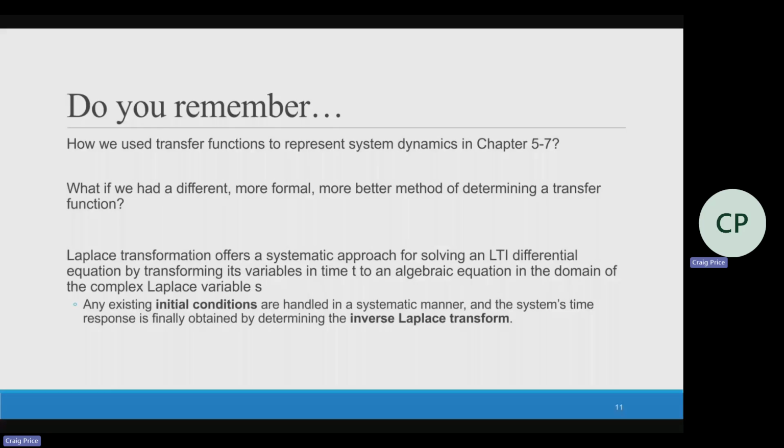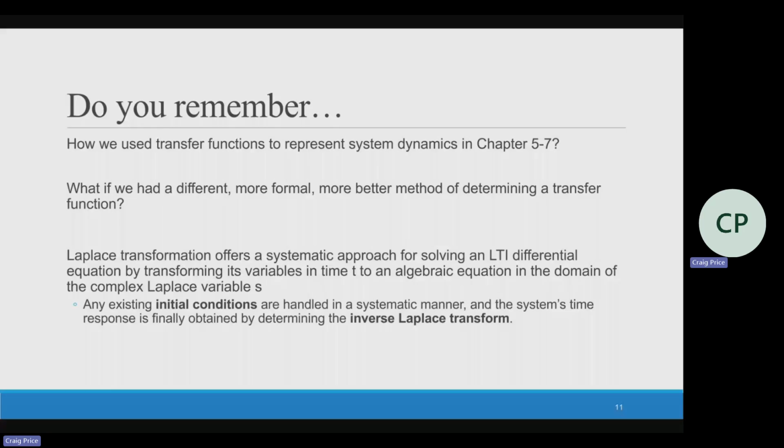So we've done stuff with transfer functions before. Now, a transfer function is a Laplace transform. We turn all the dots to s's. That's basically a Laplace transform. The only thing is, it does not handle initial conditions. If I have a starting displacement or velocity, I can't just create the transfer function. So this is more formal. It can use all those initial conditions, and then again, just like with our transfer functions, why do we do that?